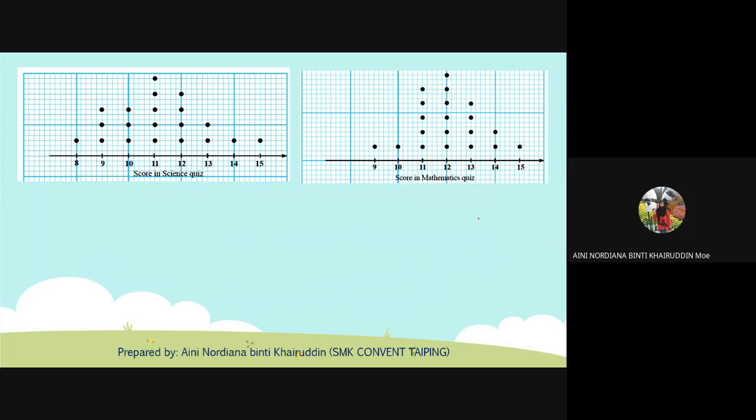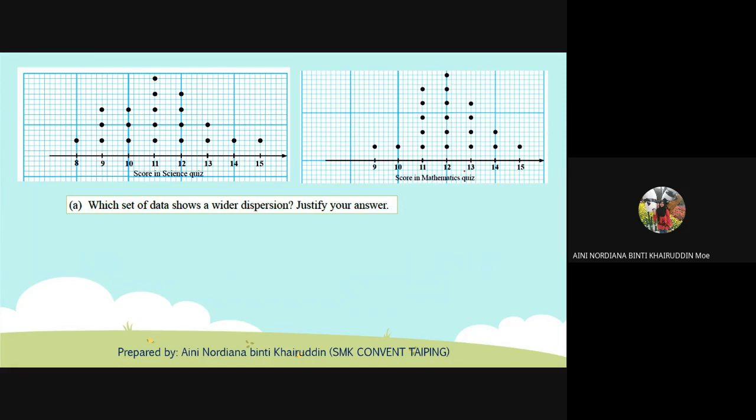Same goes to mathematics quiz. One student got 9 marks dan seterusnya. Macam tu lah. So kat sini kita boleh kata kebanyakan pelajar tu markah dia between 11 to 13. Macam tu lah, daripada dot plot ni kita boleh buat macam-macam interpretation lah.